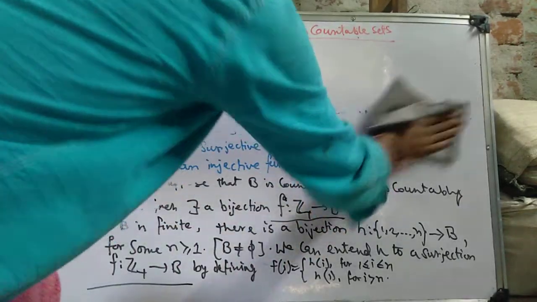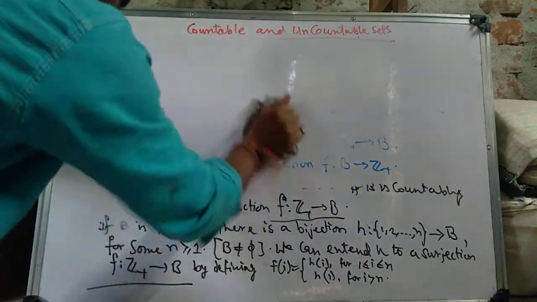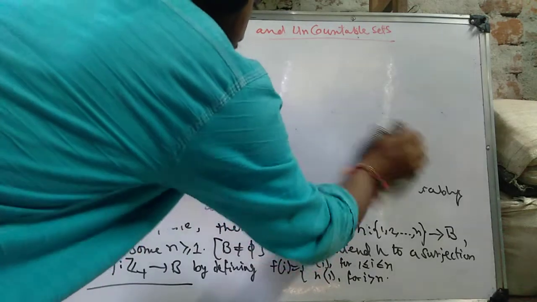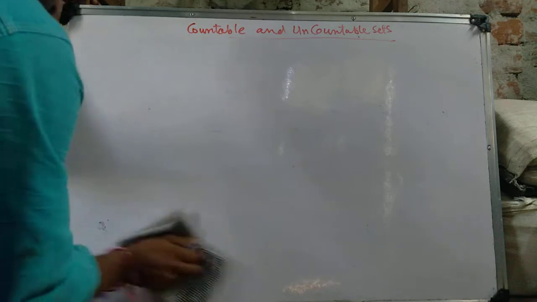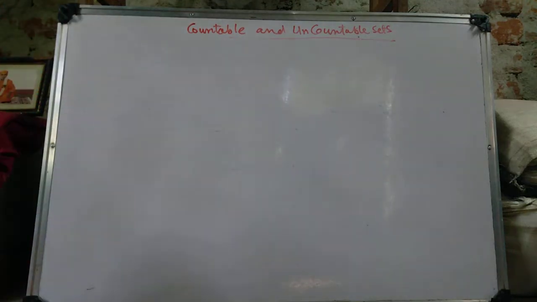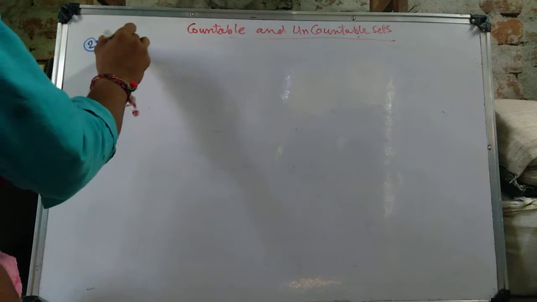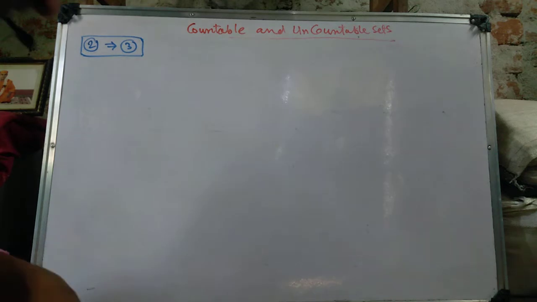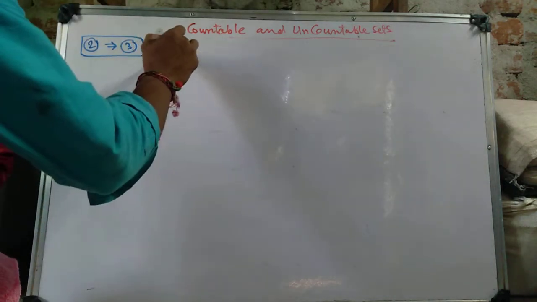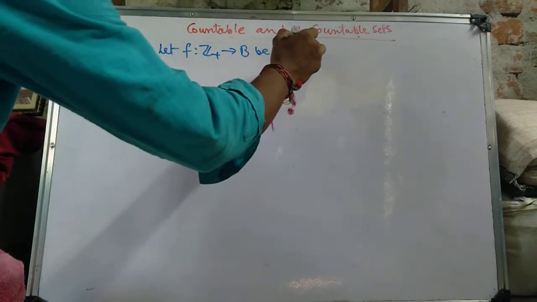So now 2 implies 3. Let f from Z plus to B be a surjection.